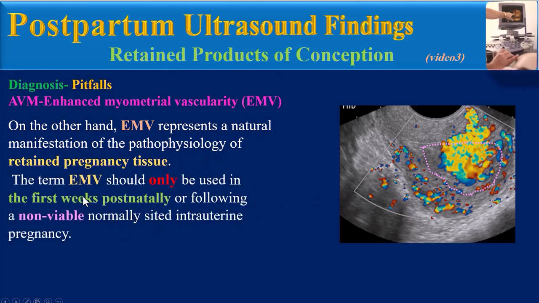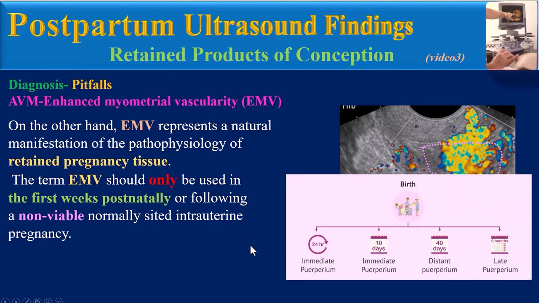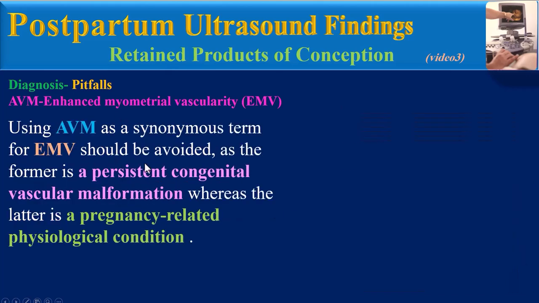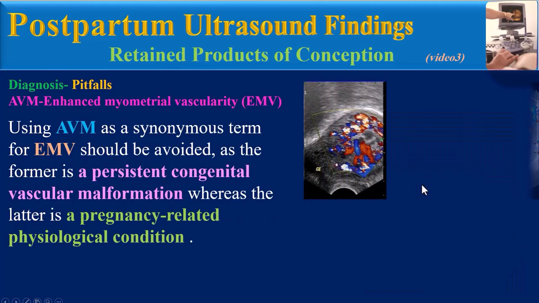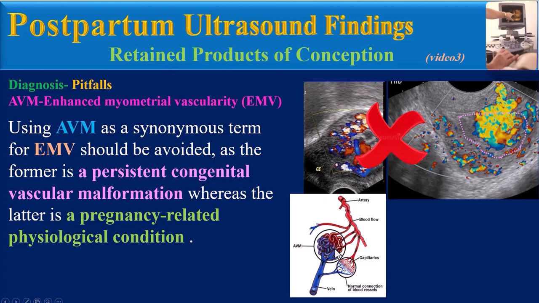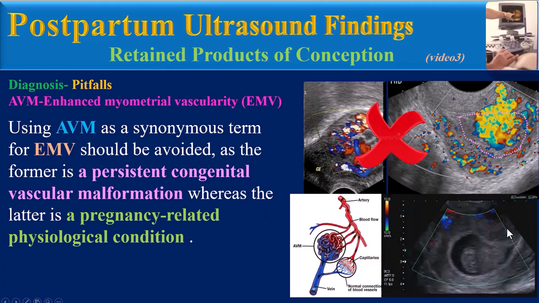The term enhanced myometrial vascularity should only be used in the first weeks postnatally or following a non-viable, normally sited intrauterine pregnancy. Using AVM as a synonymous term for EMV should be avoided, as the former is a persistent congenital vascular malformation, whereas the latter is a pregnancy-related physiological condition.